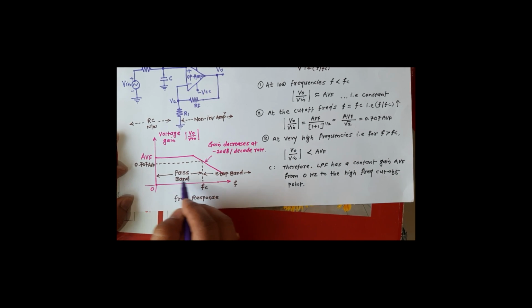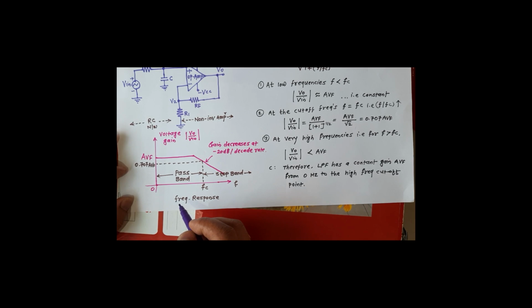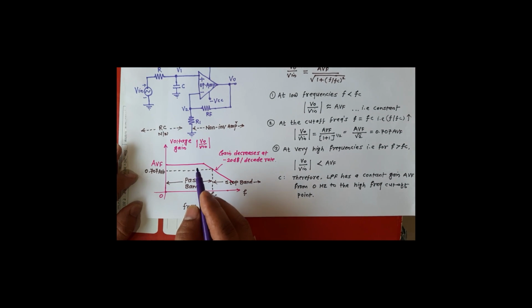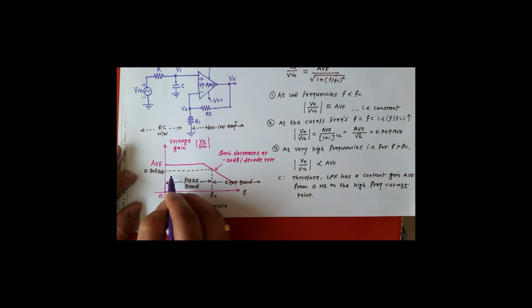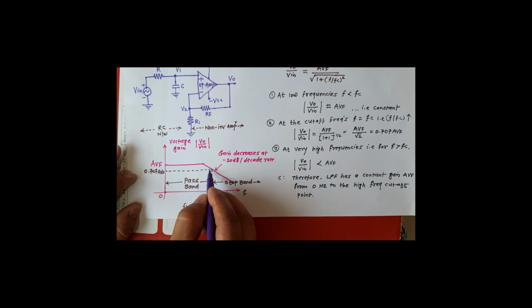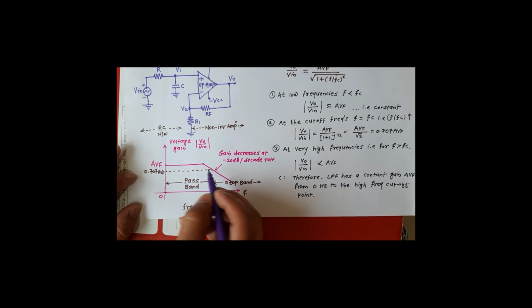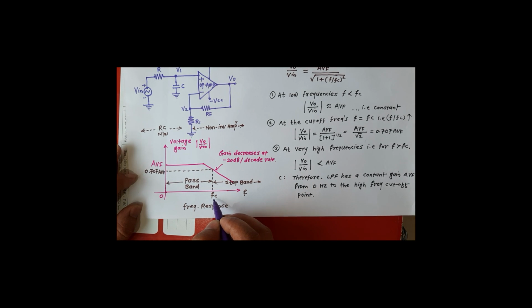So this is the passband region. The gain of this filter is constant up to the cutoff frequency fc.